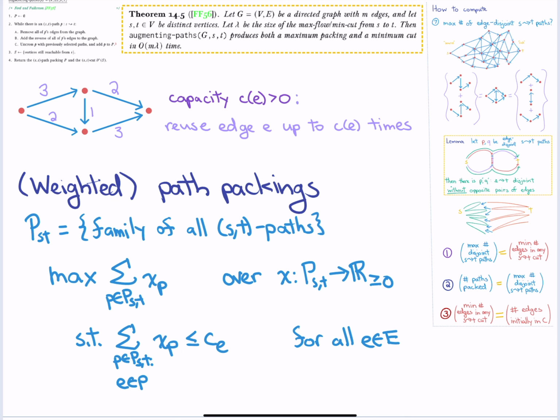It's just addition and inequalities. So this is an example, and we'll see another one later, of what's called a linear program. A linear program is any of these mathematical problems where you're maximizing or minimizing a relatively simple sum subject to linear constraints. It could be equality, less than or equal, or greater than or equal. Here it's just less than or equal. And we have linear program solvers out there, which I'll discuss later.